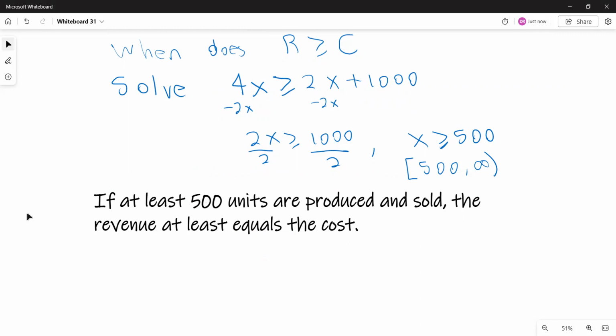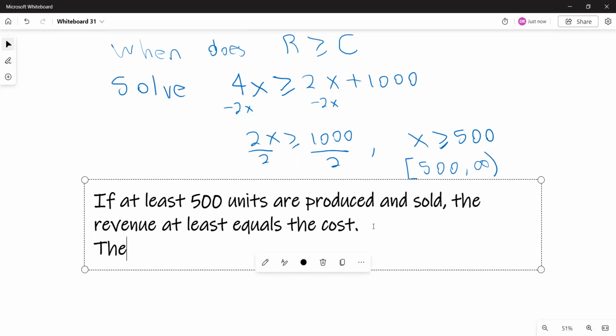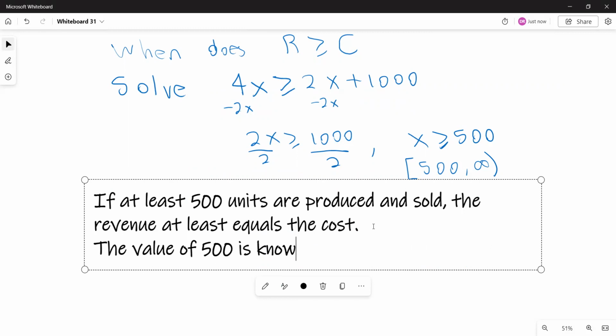And the value of 500 is known as the break-even point.